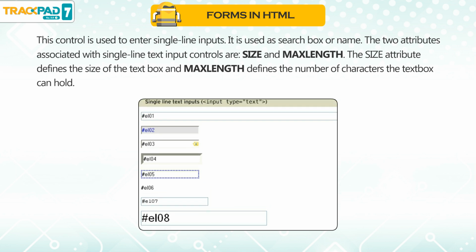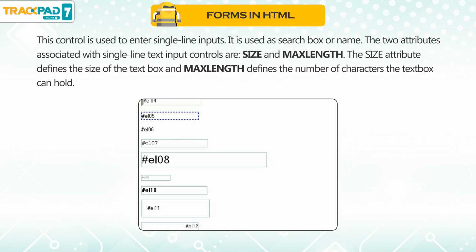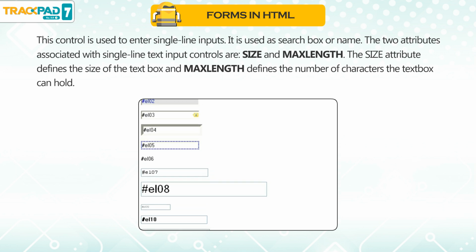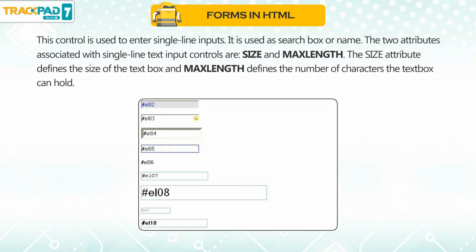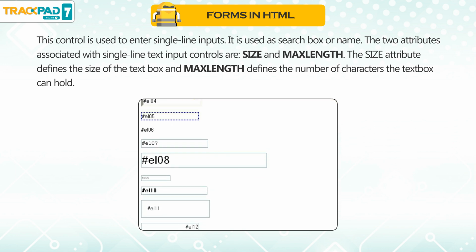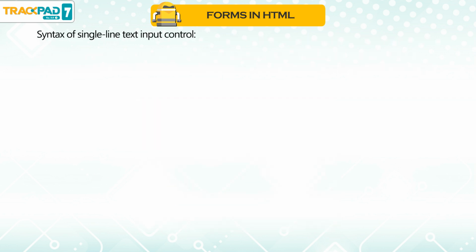The two attributes associated with single line text input controls are size and maxlength. The size attribute defines the size of the text box and maxlength defines the number of characters the text box can hold. Syntax of single line text input control.